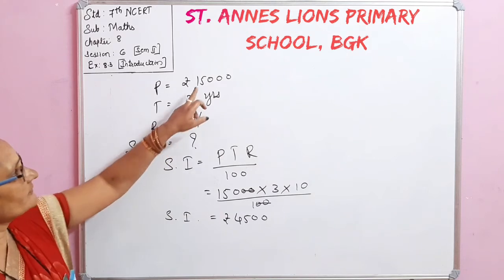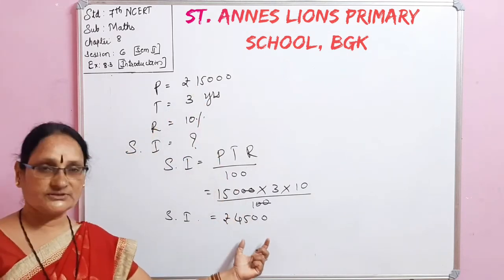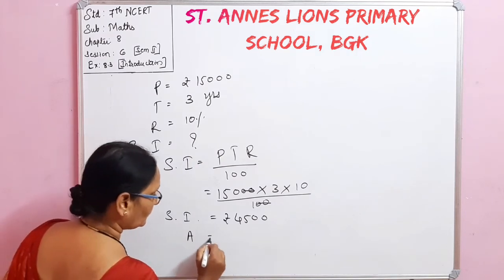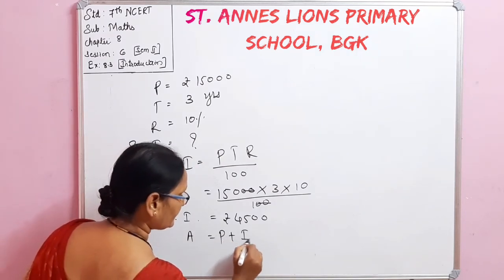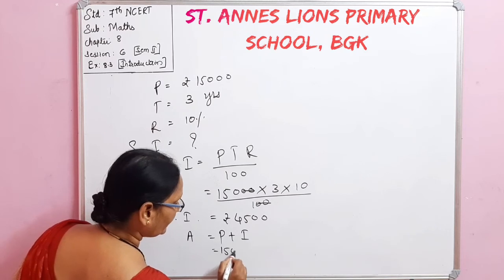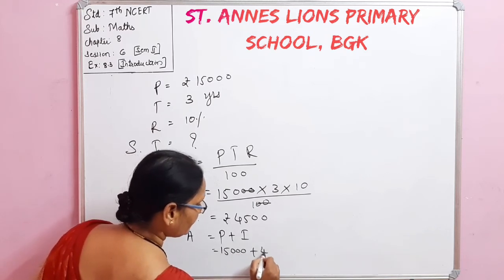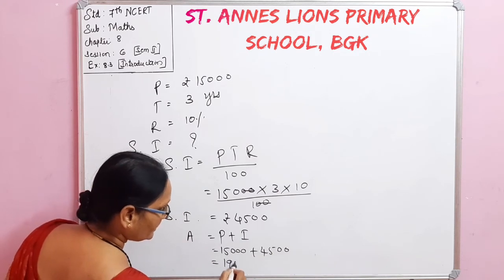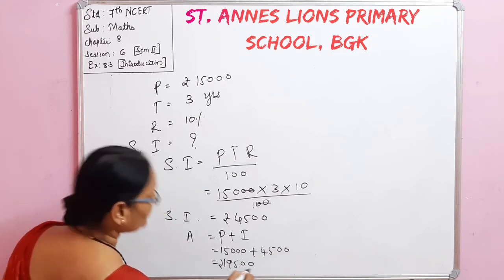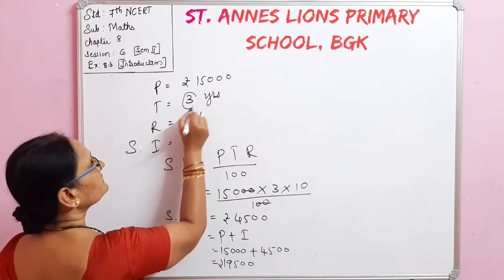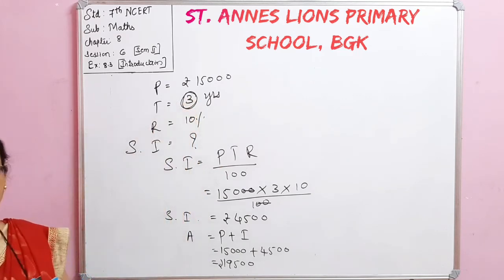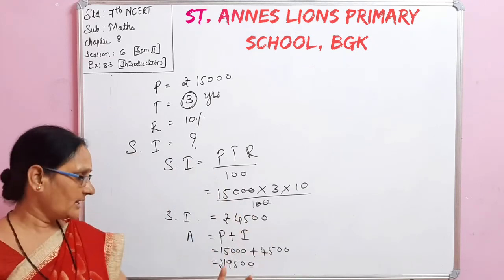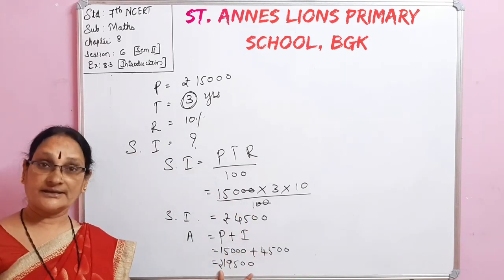Now they will give me 15,000 plus 4,500 rupees. So what is the amount? Amount is equal to principal plus interest. What is the principal? 15,000, plus what is the interest? 4,500, just now we calculated. This is 19,500 rupees I am going to get after 3 years. Today I am keeping it. After 3 years, if I go and take my money, I will get this much. It's nice, no?